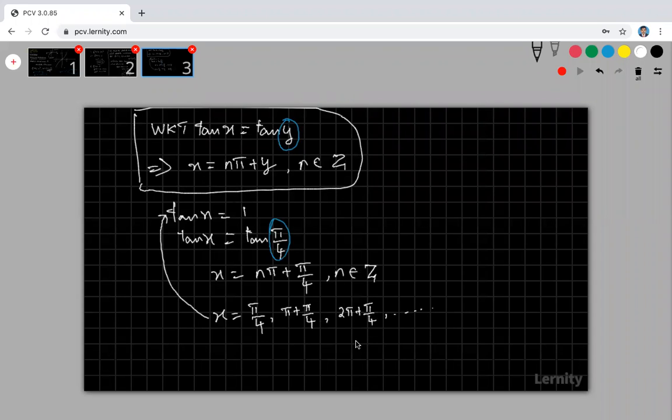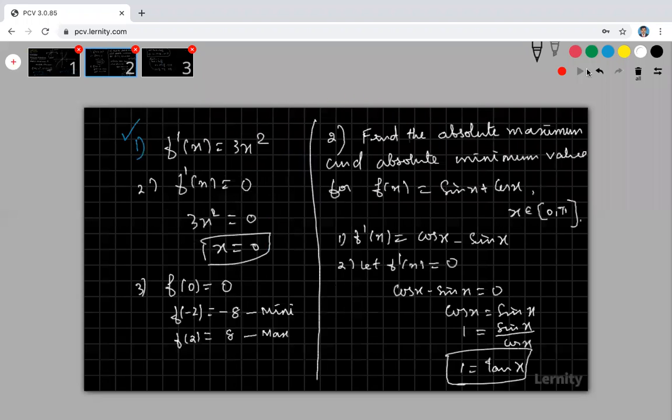But look at the interval. The interval is given, since the question is about absolute minimum and absolute maximum. What is the interval? My x should belong to 0 to pi.